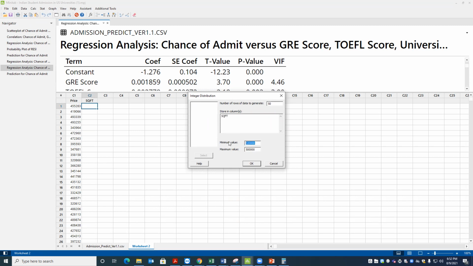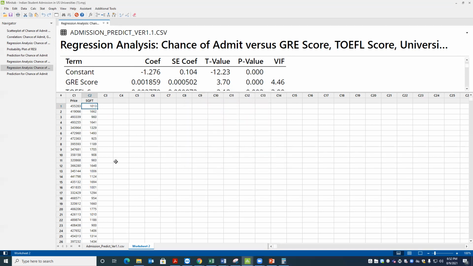Square feet is like 900 to 1800 square feet. So, does price depend on square feet? Let me run this model.